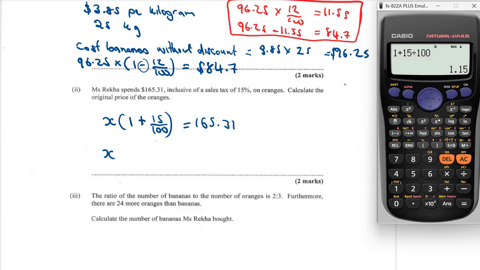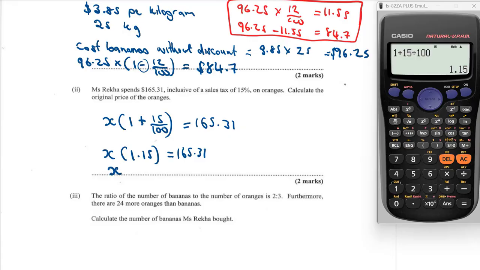and that gives me 1.15. It's equal to 165.31. So how do we find X? In order to find X, we divide both sides by 1.15.